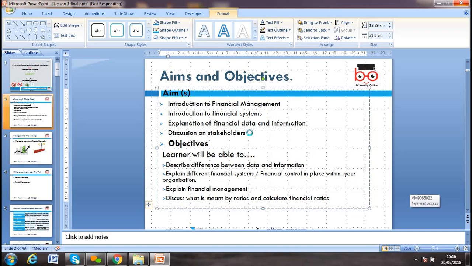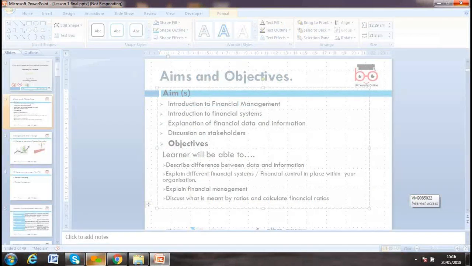A stake means a part of a business, so we call them stakeholders. Okay, so we will go through this now.